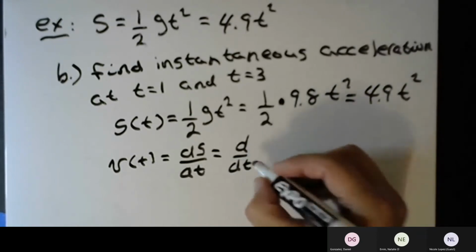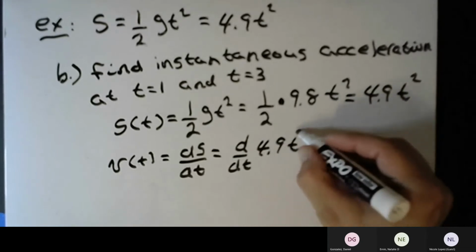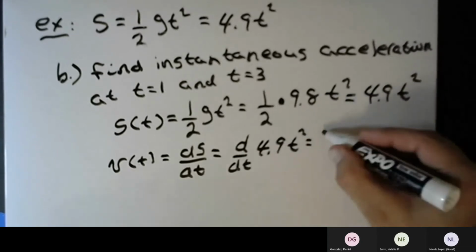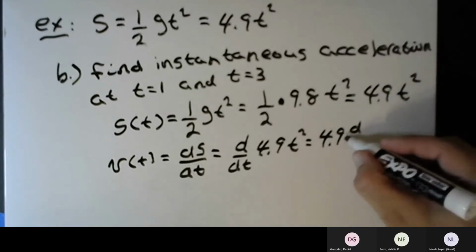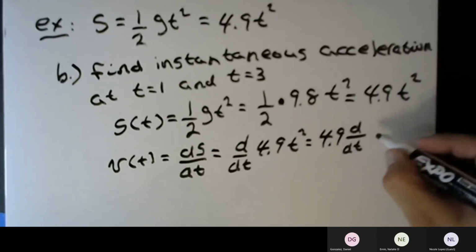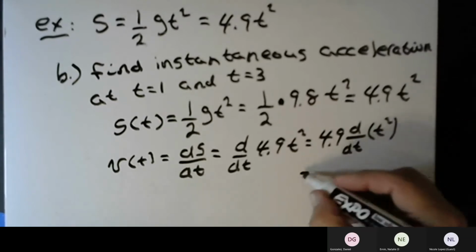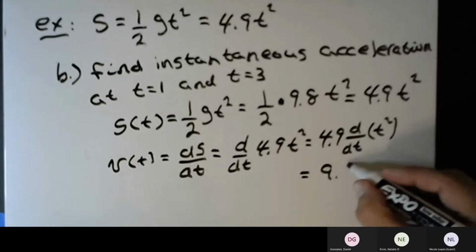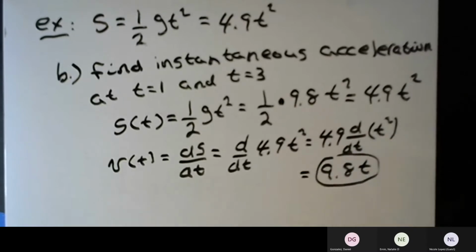And we've seen this before, but we'll run through it again. This will be 9.8 t. Now that's just for the velocity.